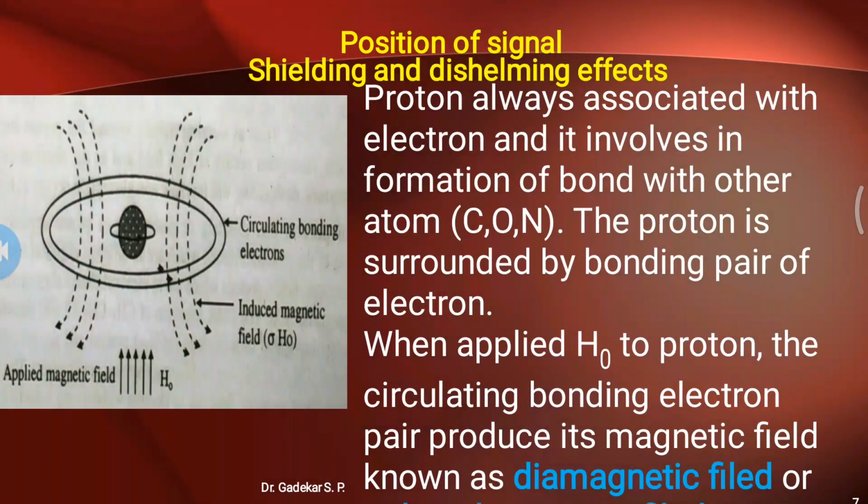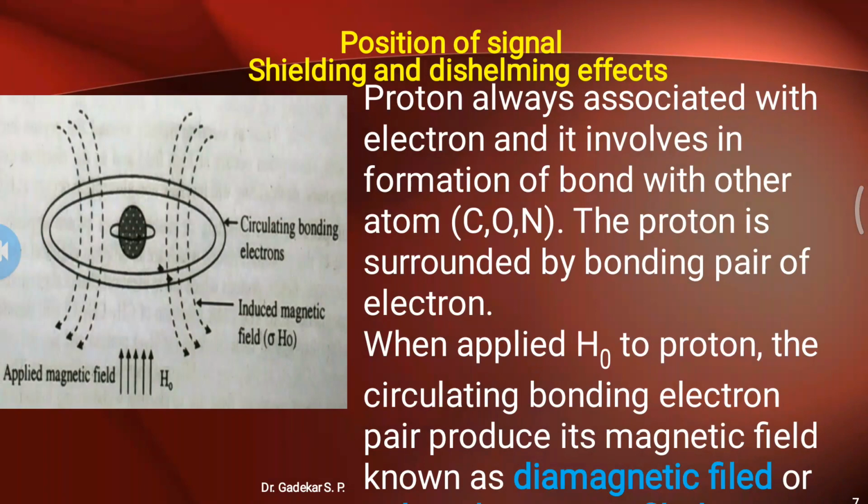So next, position of signal, shielding and de-shielding effect. The position of the signal depends on the shielding and de-shielding effect. First, what is shielding and what is de-shielding? You know a hydrogen atom consists of a proton, and protons never exist in a single state.